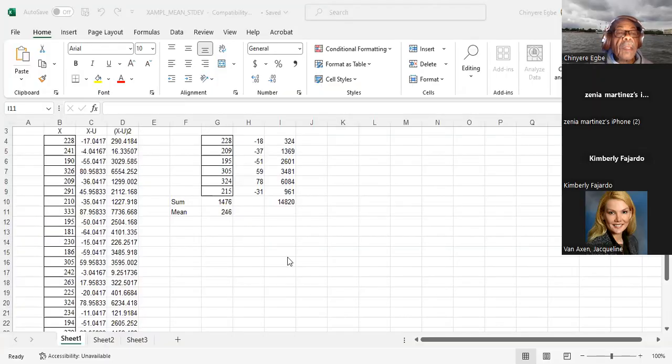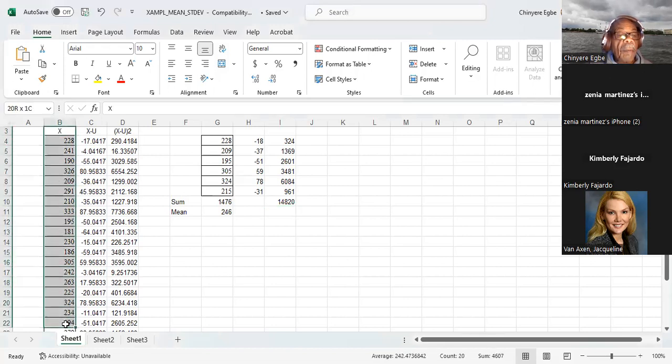Let's look at a very simple example. Like I said, I'm going to share screen. Here is a simple example. We look here at a variable. I'm going to call that variable x.